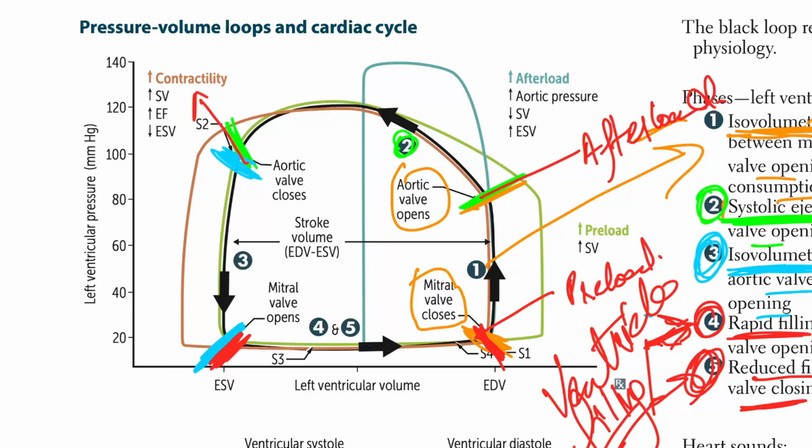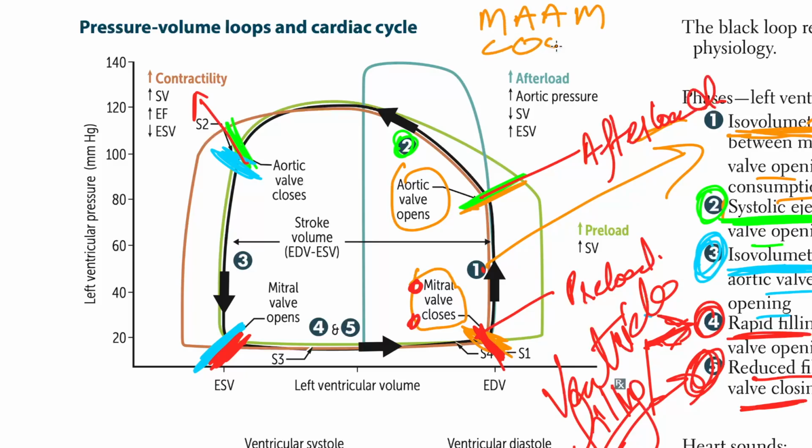As for a mnemonic, you have the mnemonic MAM COCO. What is MAM COCO? So first 1, 2, 3, 4. Mitral closure, aortic open. Aortic closure, mitral open. MAM COCO. Let's do it one more time in a better way.